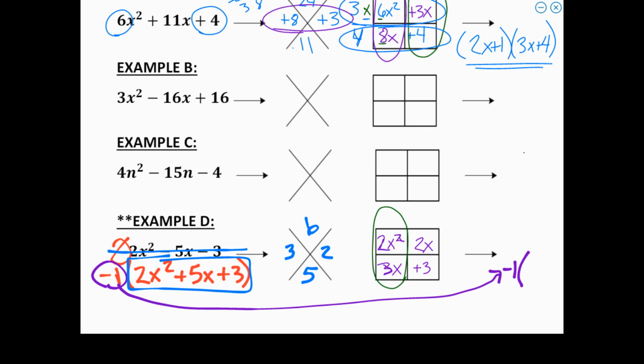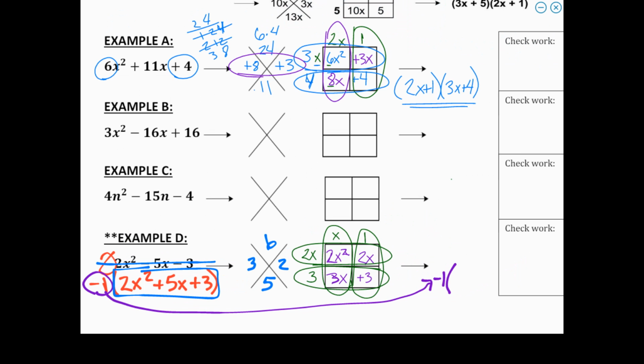Then we've got our greatest common factors. The greatest common factor between 2 and 3 is just 1, so we've got x. This is going to be the same thing. Greatest common factor is just 1. Going this way, the greatest common factor is going to be 2x. And this way, the greatest common factor is 3.